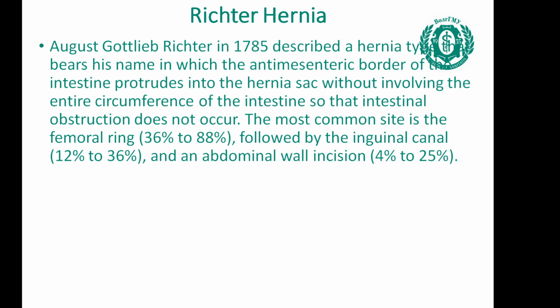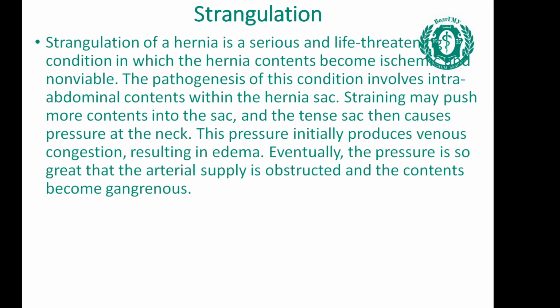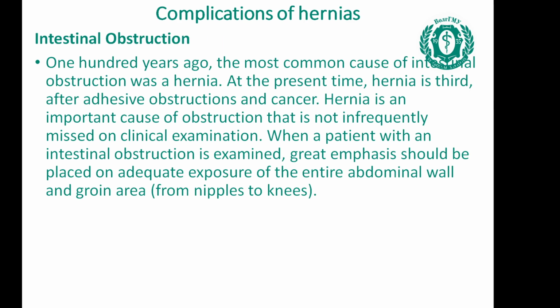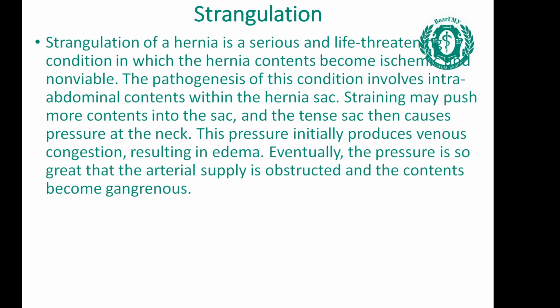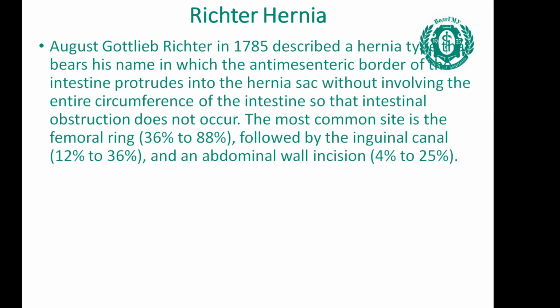As you see, we are discussing the complications of hernias. And the first one was strangulation. Strangulation can be determined as one of the types of intestinal obstruction. Then the Richter's hernia.